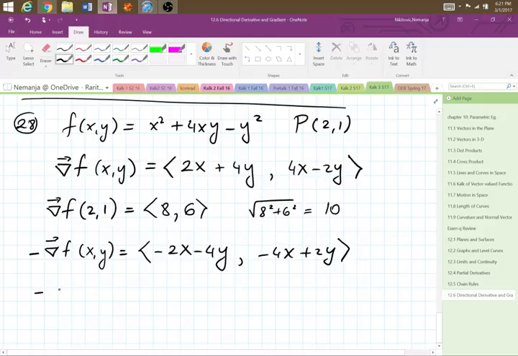Then we find the negative with (2, 1). So that's negative 4 minus 4 is negative 8. And then negative 8 plus 2 is negative 6. And we still have 10.